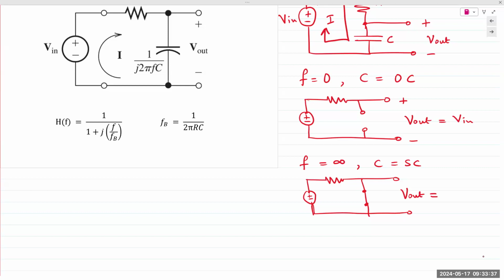You're measuring the voltage between 2 points, and those 2 points are connected together. Exactly the same potential. So the voltage at those 2 points is 0. And that's it, 0. So no output.